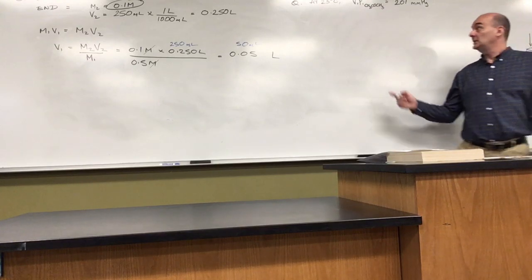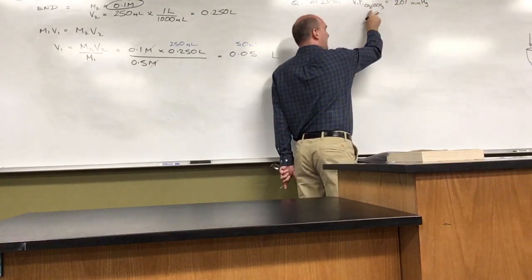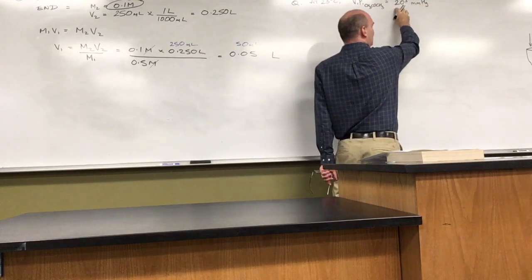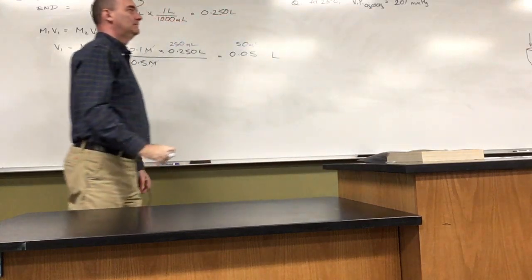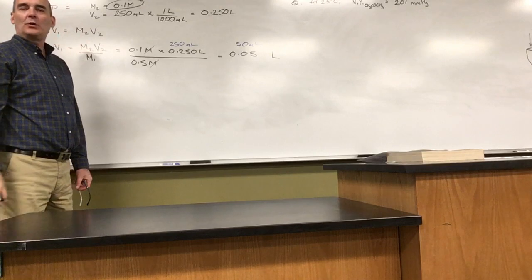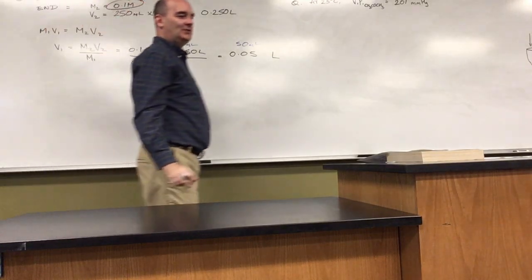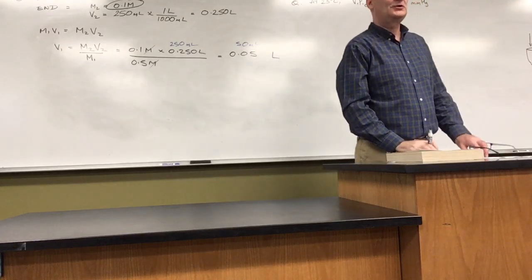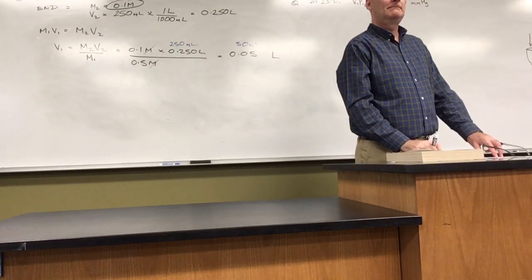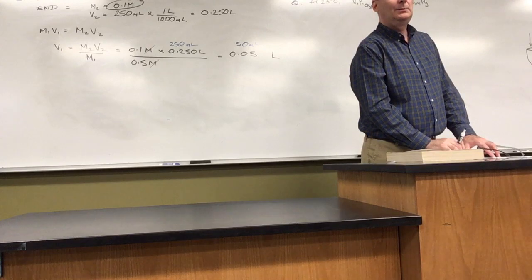Okay? So this tells me that the amount of pressure that this liquid is exerting is equal to 201 millimeters of mercury. If there's only one number in millimeters of mercury that you need to know, what would that number be? What's atmospheric pressure? Anybody remember that? It's 760 millimeters of mercury.